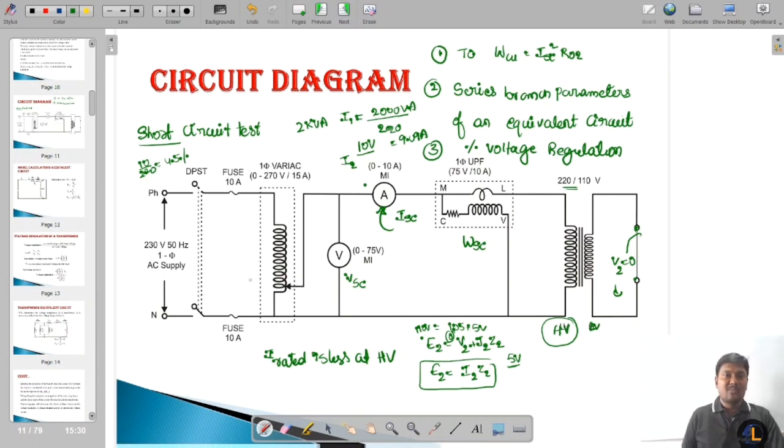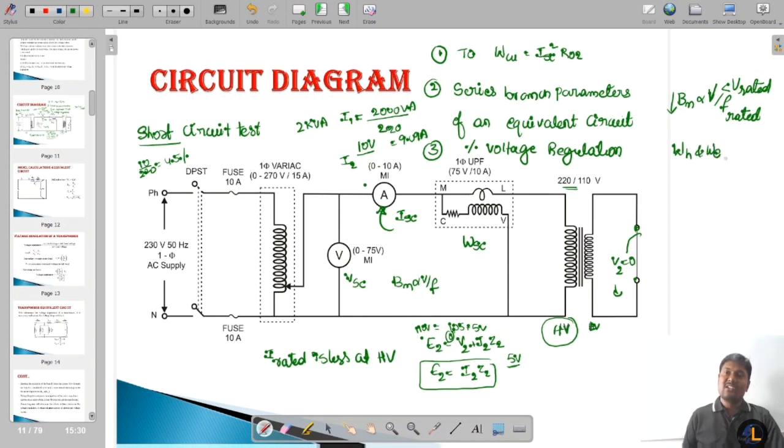And Bmax is directly proportional to V divided by F. F we are applying at rated frequency, but the voltage is much less than V rated, so Bmax is very small. That's why hysteresis losses and eddy current losses are both negligible.